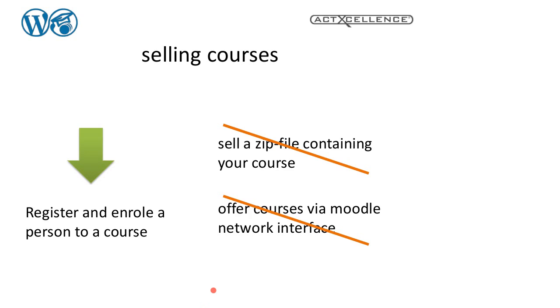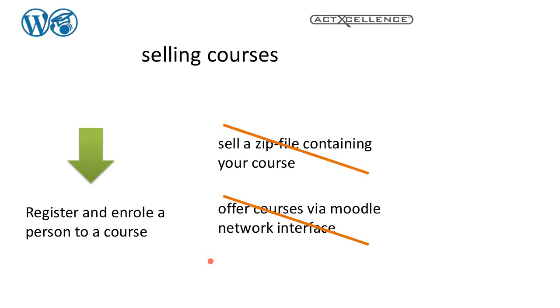I tried to sell courses with the PayPal plugin, and I had the feeling I did not really have control over what was going on with PayPal in my Moodle, and I was searching for other solutions. Then customers were asking how to sell. To tell you the truth, none of my customers is selling courses because all my customers use Moodle for internal training.